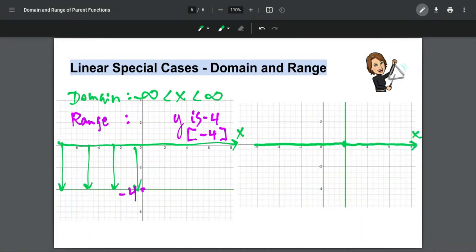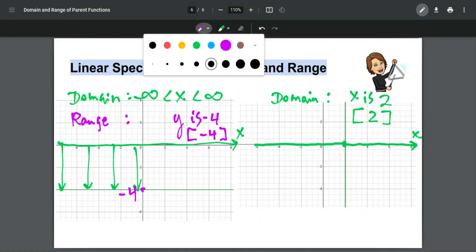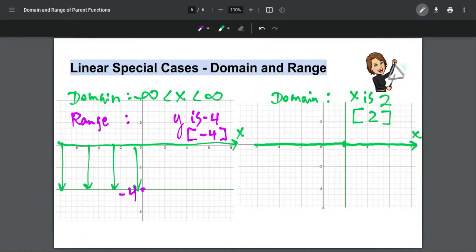So therefore, my domain, people, is x is 2. Check that it's positive or negative. Yep, positive 2. And that's all there is. Yeah, this one did fail the vertical line test. It's not even a function, but it doesn't mean you can't determine domain and range.